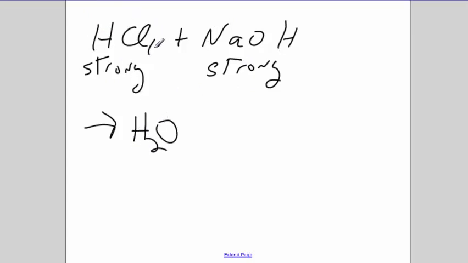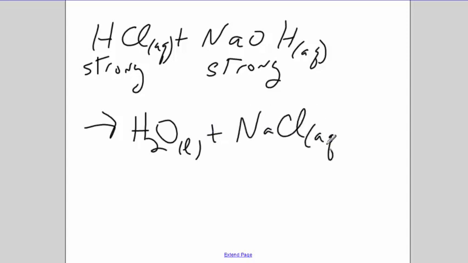So I've got aqueous acid and aqueous base going to liquid water plus this aqueous compound, NaCl, which is called a salt. I know it's also table salt, but an ionic compound is called a salt. Salt is a class of compounds. When an acid reacts with a base, you get water and a salt.